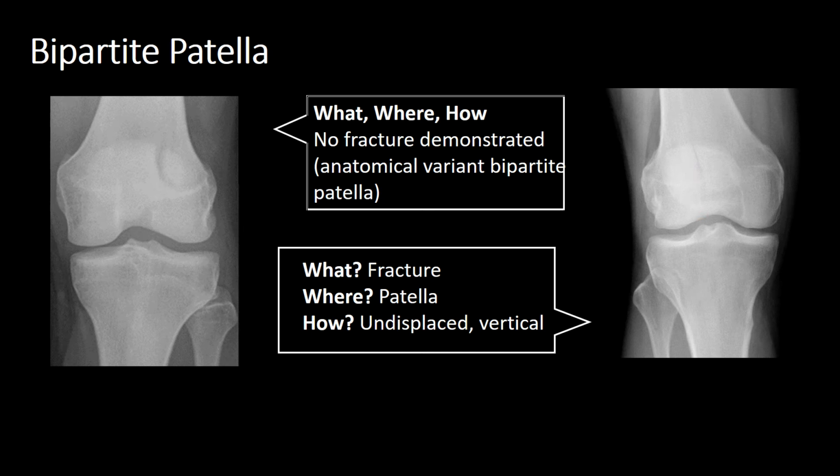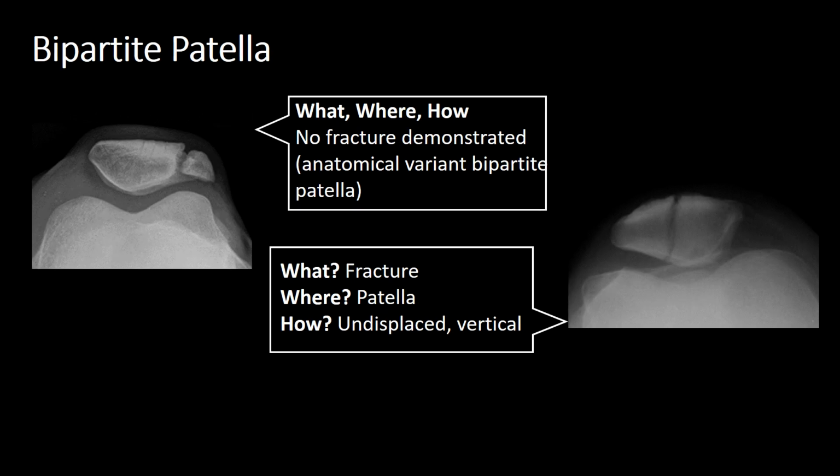There's a sharp, lucent line. Let's have a look now at what it looks like on the axial view. Let's compare the bipartite patella on the left with the vertical fracture on the right.